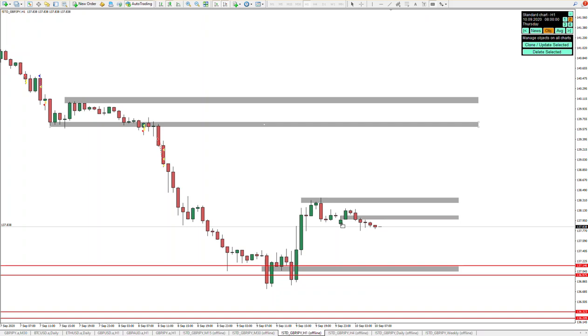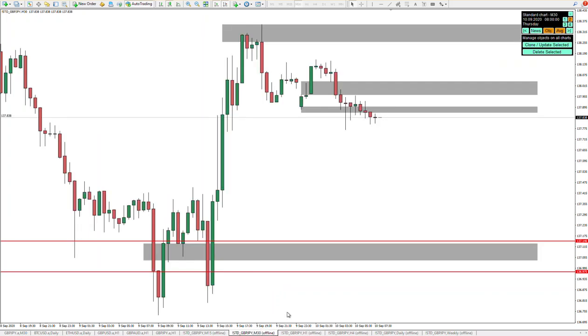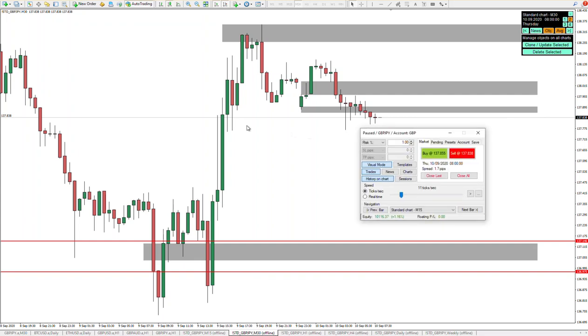We had this support here, so we broke out of this support. We broke out on an hourly basis. On M30 it looks like this. Yeah, beautiful.